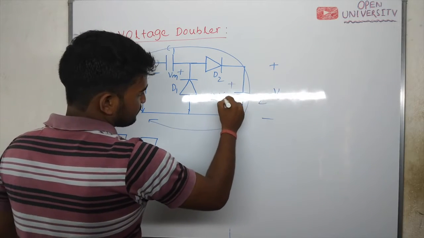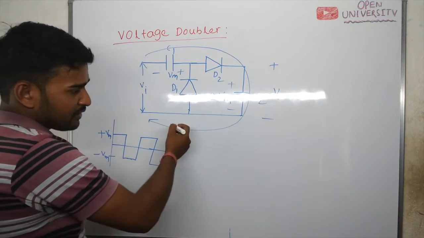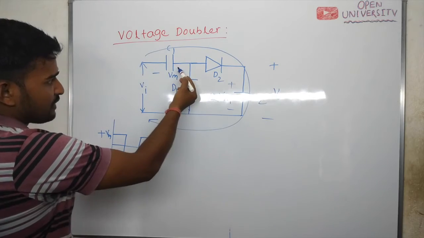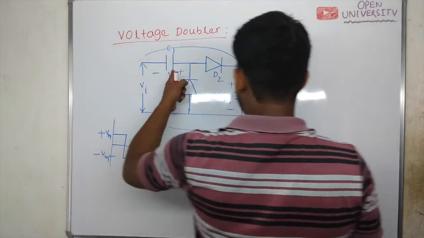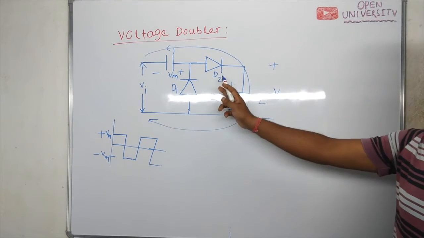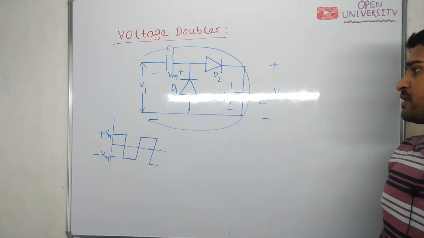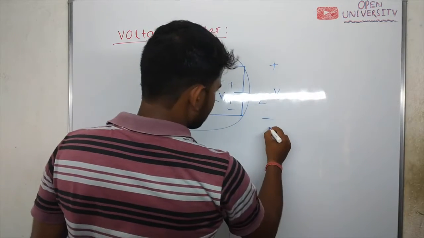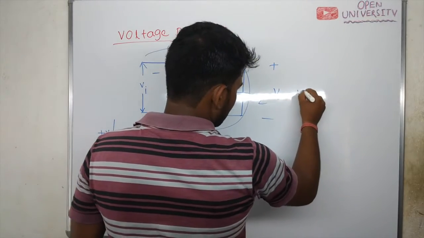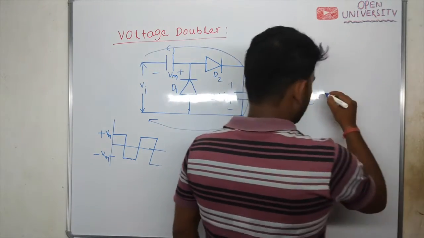Capacitor will charge in this way up to what? What is the net input voltage? Voltage across capacitor plus input voltage. That is Vm plus Vm, that is 2 Vm. Capacitor will charge through diode D2 up to its net input value, that is 2 Vm. Then what is the output voltage? V0 equal to Vc2, that is V0 equal to 2 Vm.